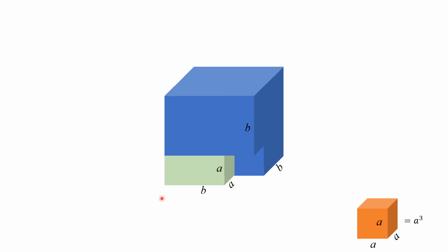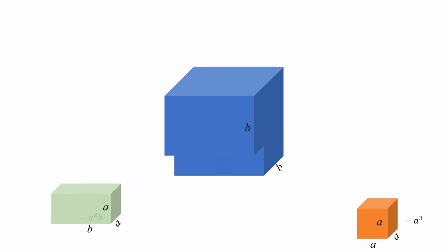So it is a rectangular parallelepiped, and its volume will be equal to a into a into b, which is a square b. If you take this rectangular parallelepiped away from the main cube, you will get it like this. Interesting. And its volume is equal to a square b.